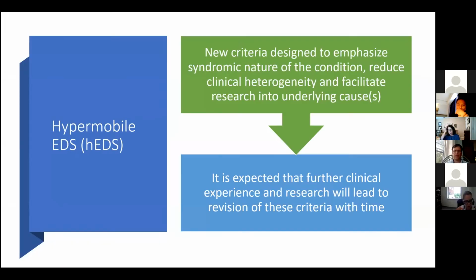Because hypermobile EDS is the most common of the types of Ehlers-Danlos syndrome, and the only one for which we do not have a molecular explanation. And we certainly expect that further clinical experience and research will lead to revision of these criteria with time.